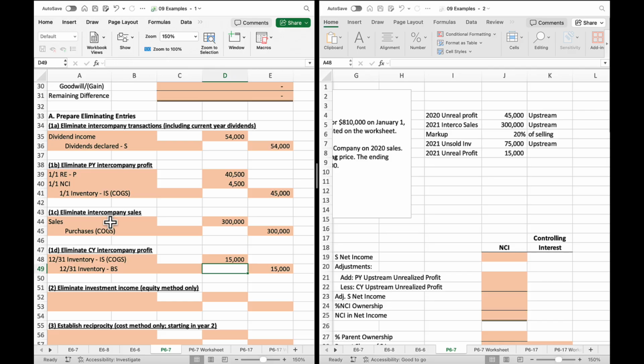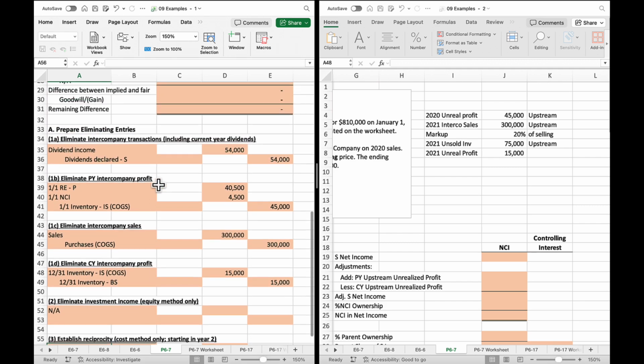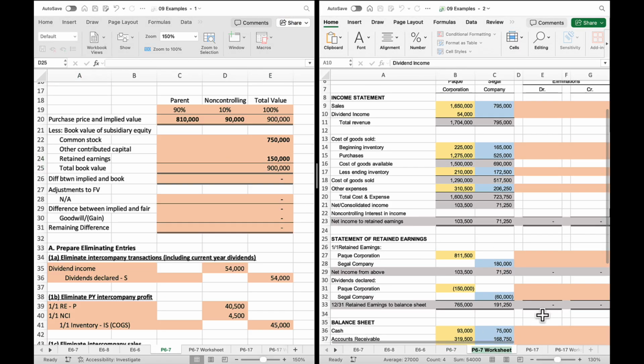All right, so now we're down to our investment income, and since we are not doing the equity method, this is NA. However, we are doing the cost method, so we do have to establish reciprocity. To establish reciprocity, we need to compare retained earnings as of the date of acquisition to retained earnings as of the beginning of the current financial period.